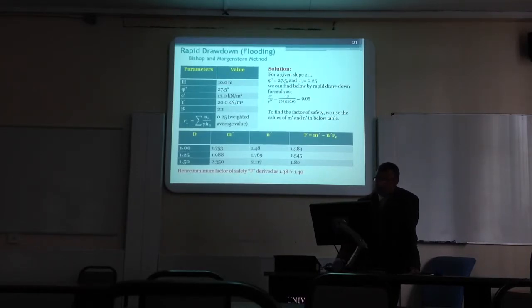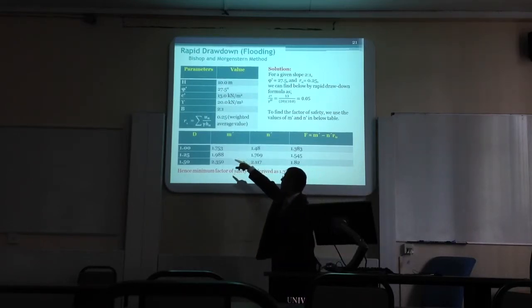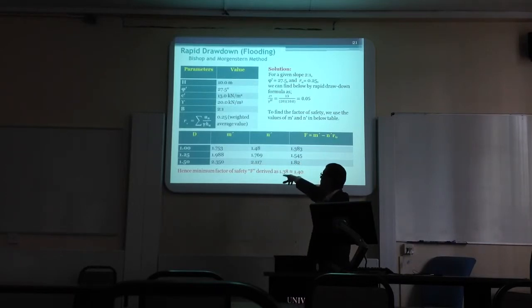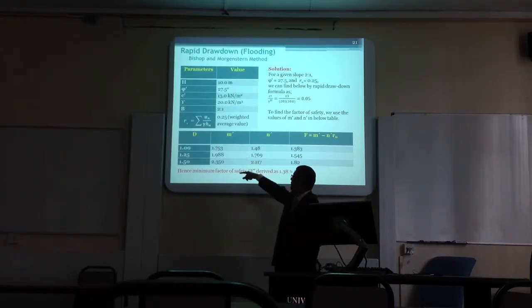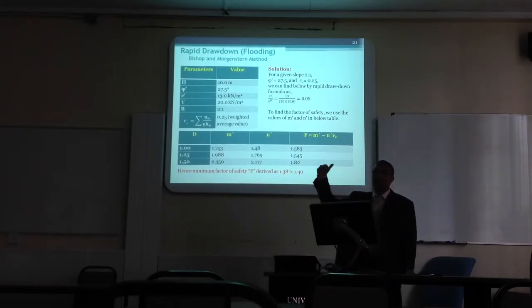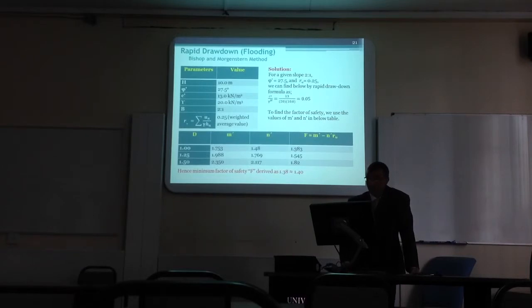Here for the depth of 1 meter, we get 1.38, which is approximately 1.4. And as the height goes up, the factor of safety increases. So as the embankment goes to a high level, the factor of safety increases.